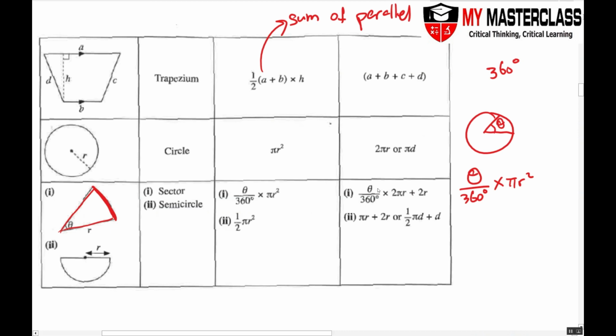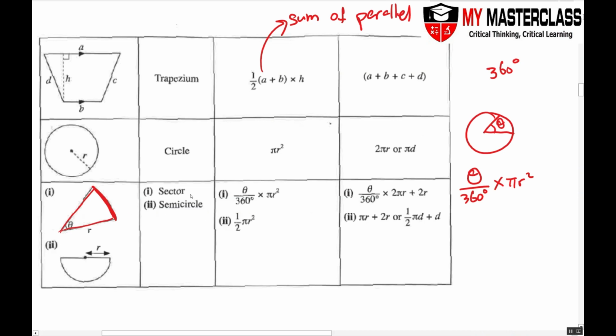That is why you are still taking a ratio of it, which is theta over 360, where theta is the angle of the sector itself, times 2 pi r, which is the circumference of the circle. Which is this portion here. Then lastly, you just add up the two radii at the side. That's why it's 2r.